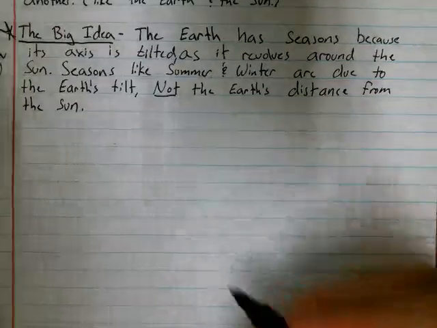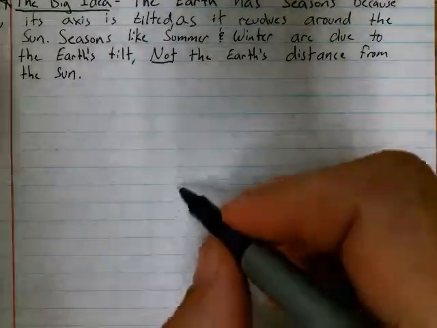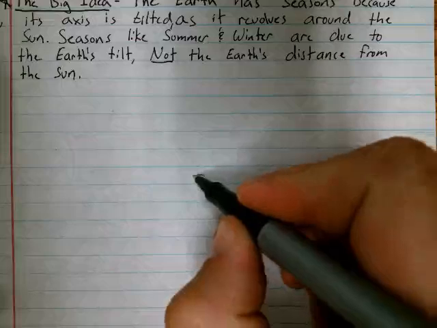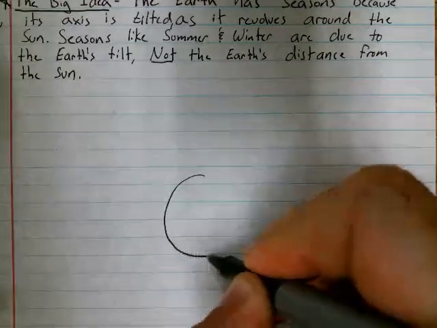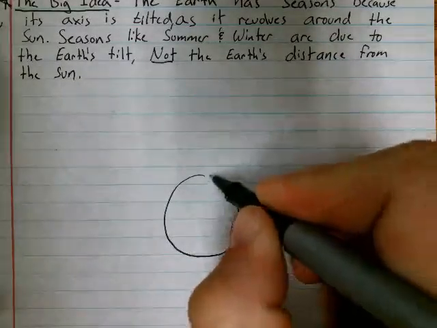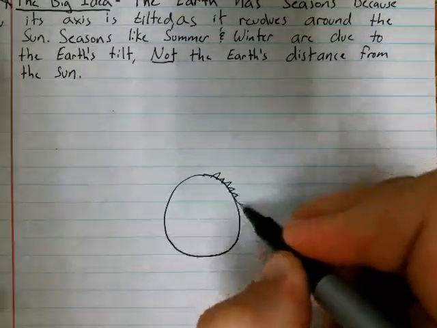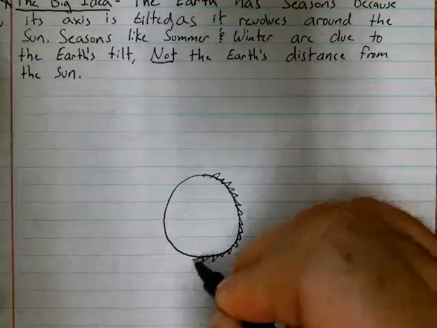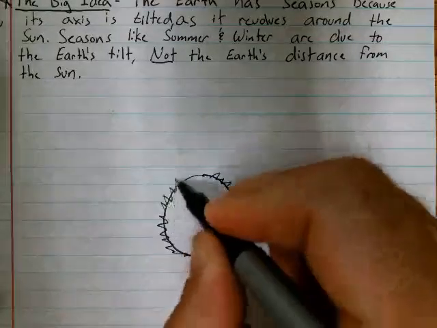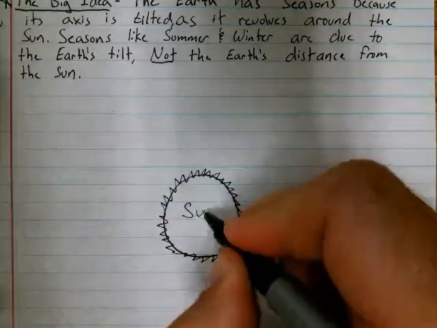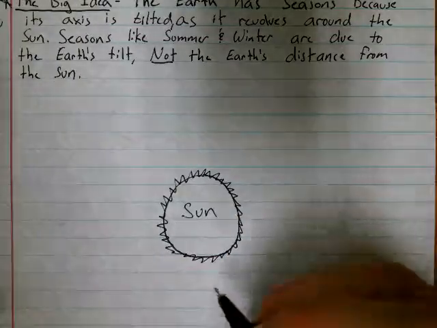So let me start by drawing the Sun down here. There's my Sun. I'll add some kind of flare to it.